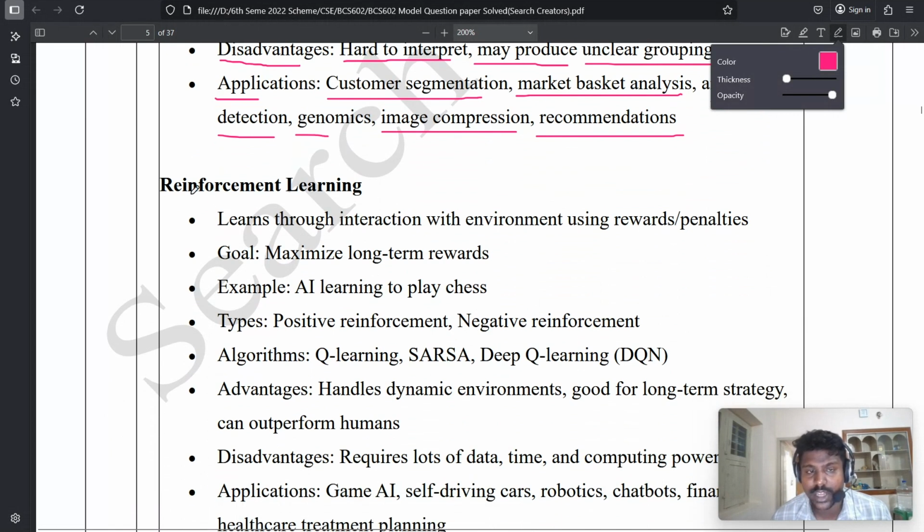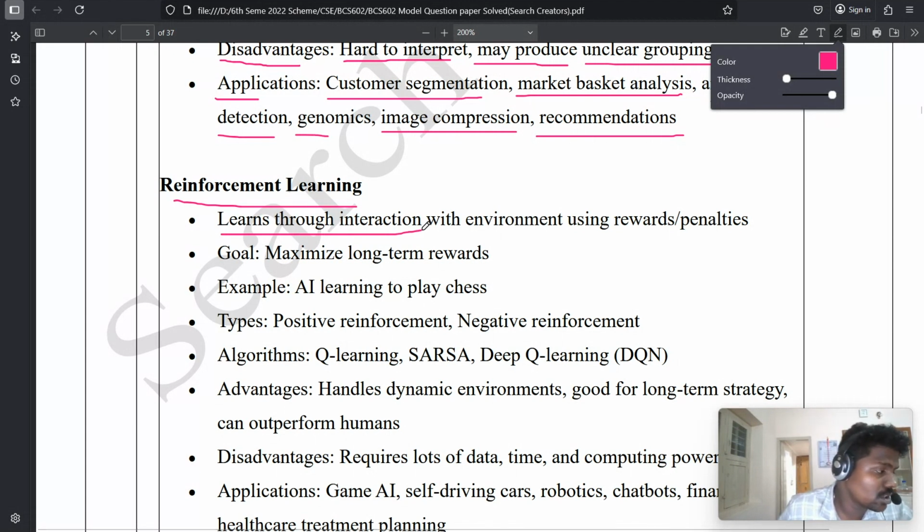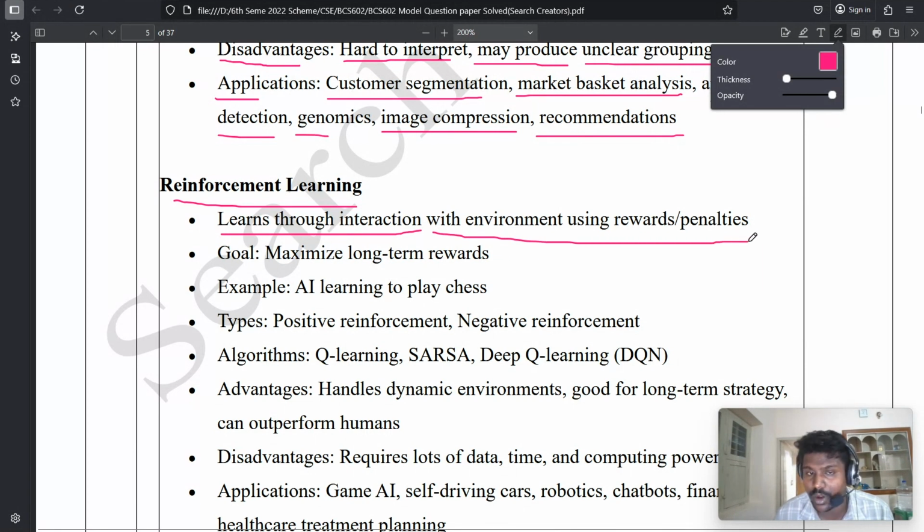And the next, the third one is reinforcement machine learning. The first point you can write: it learns through interaction with the environment using rewards and penalties.